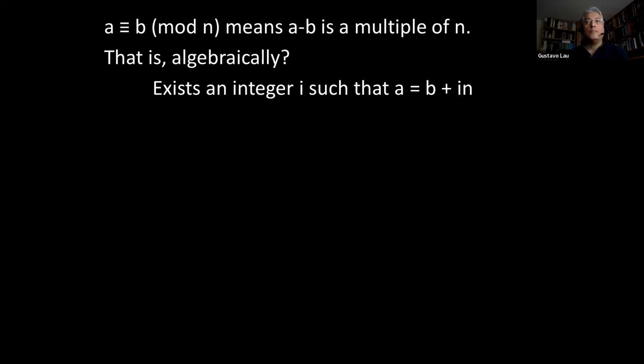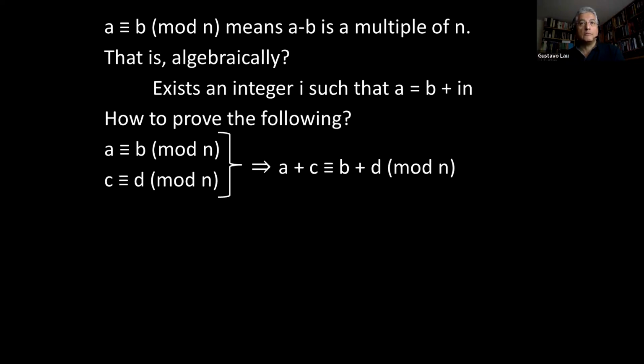Okay, so we're going to use this definition to prove the following. Let me shorten it: instead of saying A is congruent with B modulo N, I'm going to say A is equal to B modulo N, or A is the same as B modulo N.